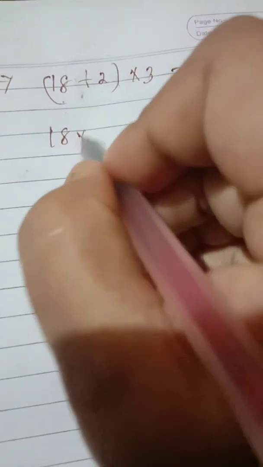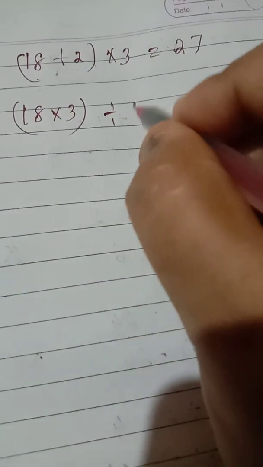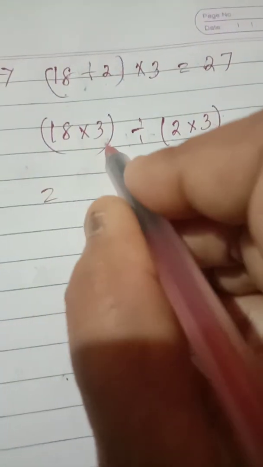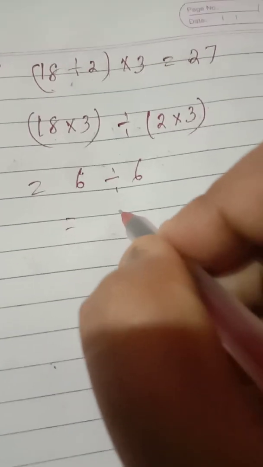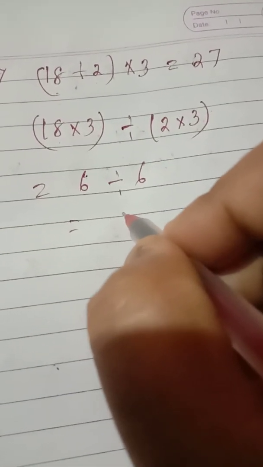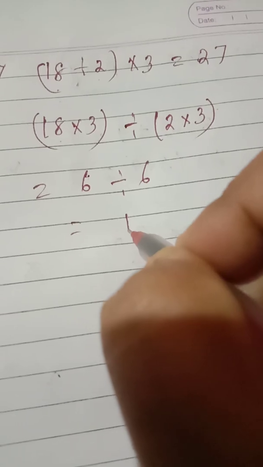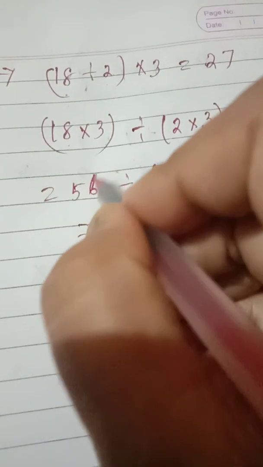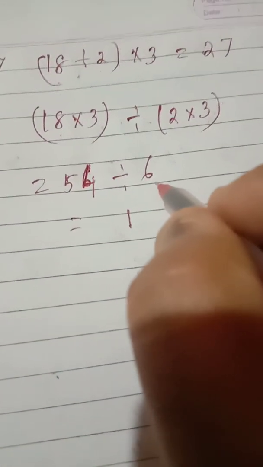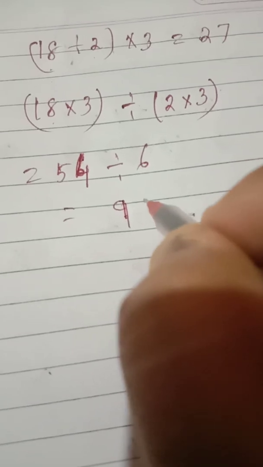But if I write this way, 18 multiply 3, sign of division, 2 multiply 3, that time 18 3s are 54, 54 divided by 6, it will come 9.